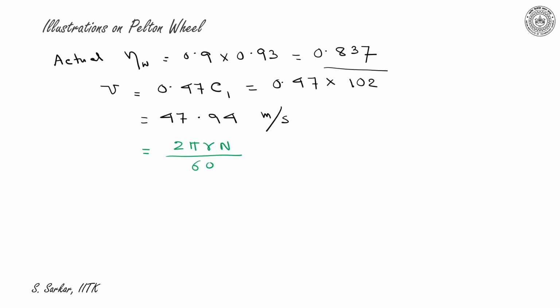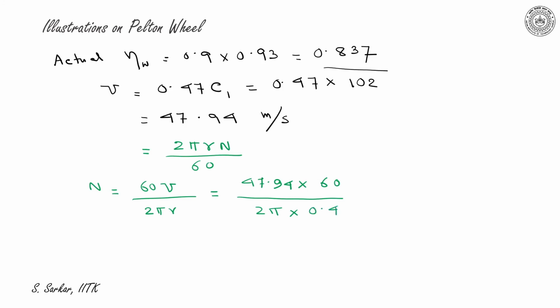So from here I can evaluate N. N is equal to 60 U divided by twice pi into R. U as 47.94 into 60 divided by 2 pi into R is 0.45 meter.